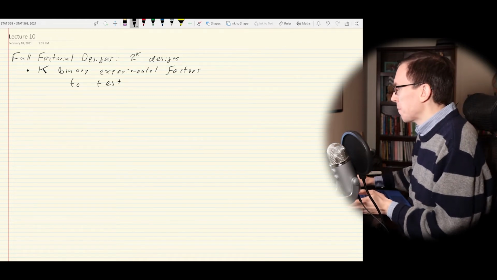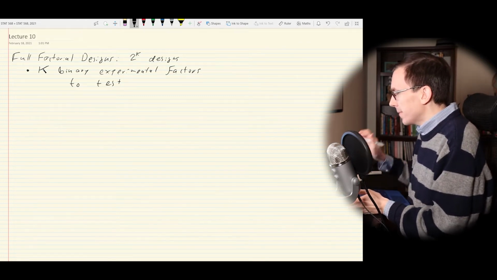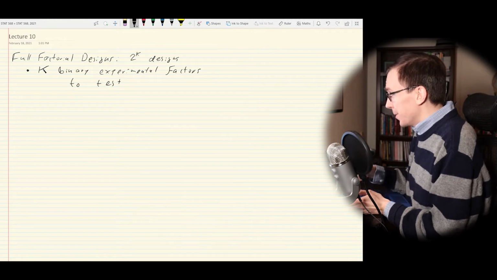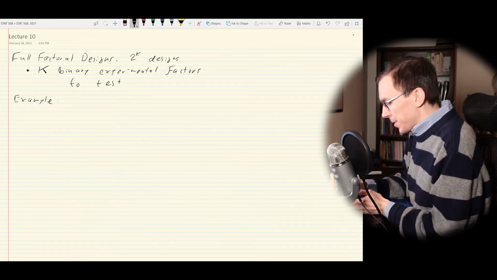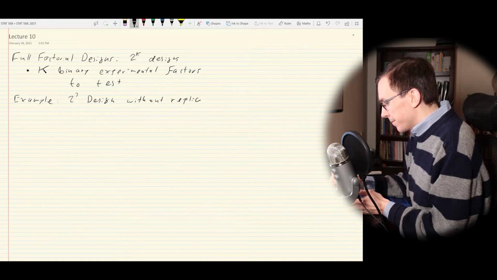Hopefully when we go through this, I'll try to be a little bit careful with the terminology so we can get this right. Now, the first thing I want to do is just show you what you might have. So, let's do an example, which is going to be a 2 to the 3 design. And we're typically going to assume there's no replications, without replication.